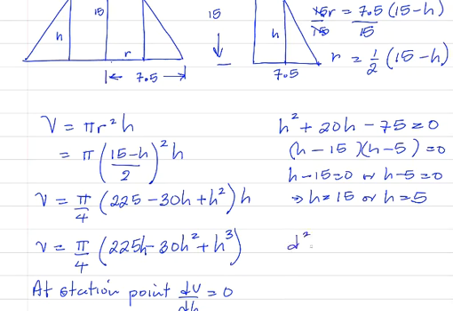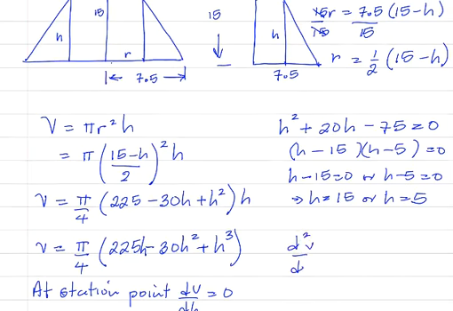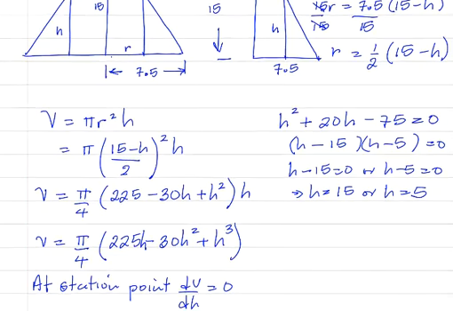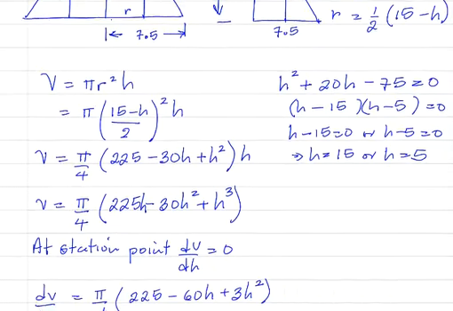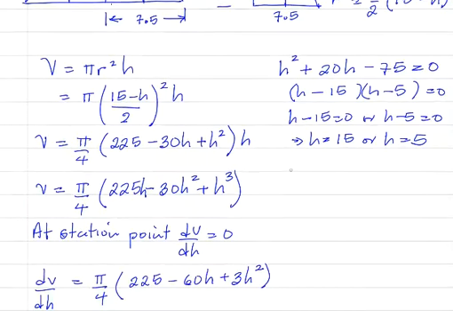First, let's write back dV by dh, which is pi over 4 times 225 minus 60h plus 3h squared.